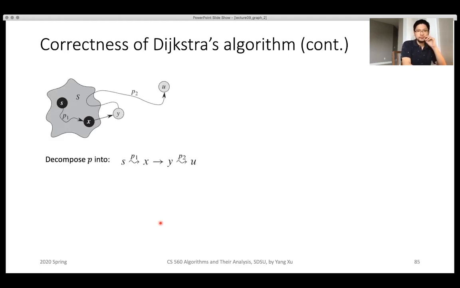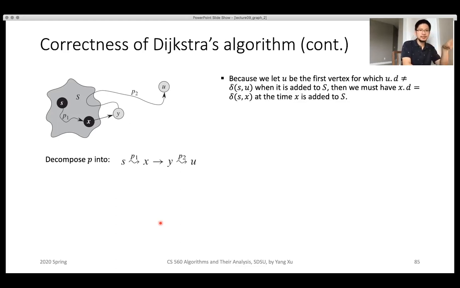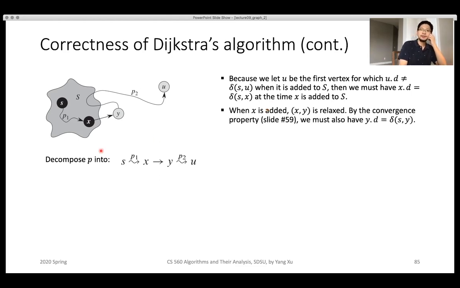What we want to show is that, because we let U be the first vertex for which D doesn't equal the delta when it is added to S, we must have D of X equal to the delta of S to X. That's based on our assumption. So when X is added to S, according to Dijkstra's algorithm, the edge from X to Y will be relaxed.